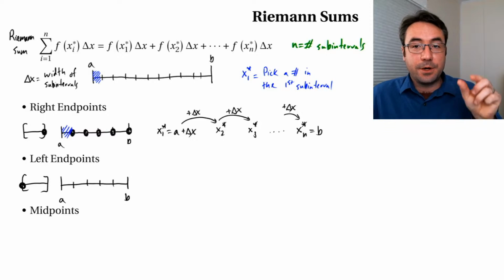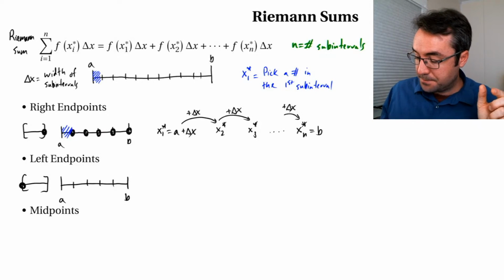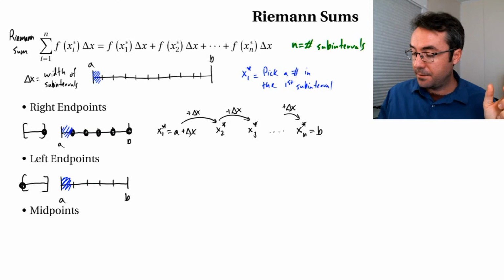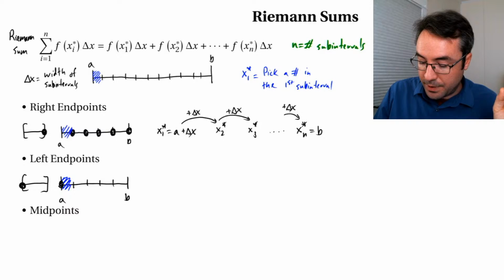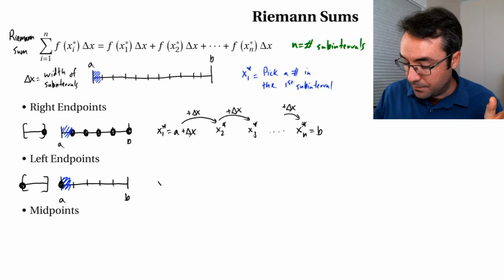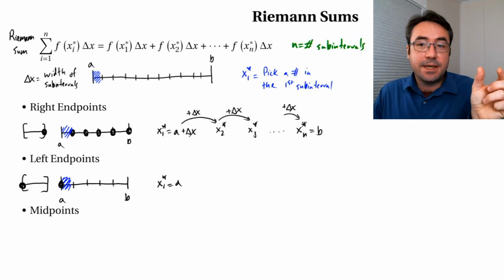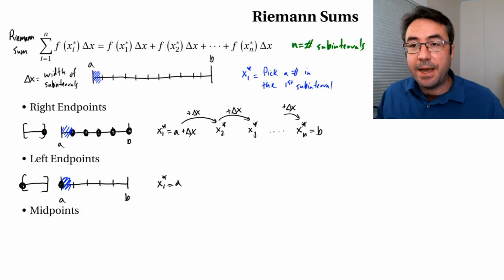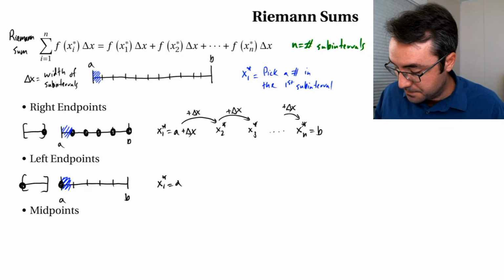And so if we're going to use the left endpoint, for our first subinterval there, we're going to use A. So for left endpoints, x1 star is going to be A. And then to get the rest of our left endpoints, we're going to just keep adding delta x's.